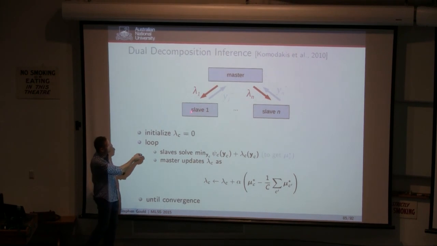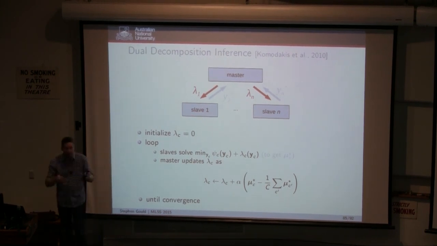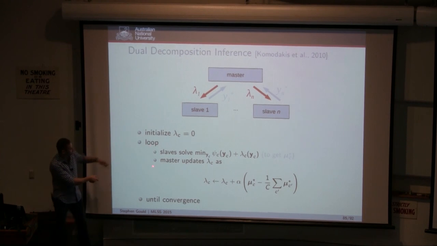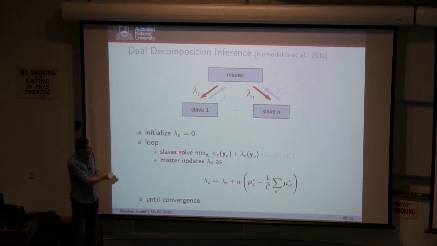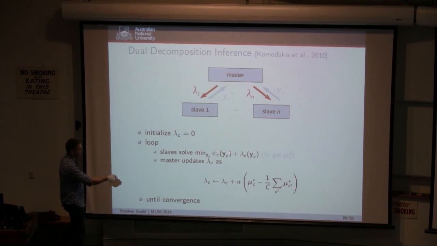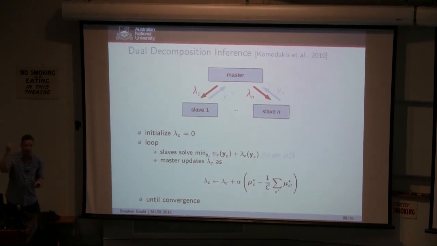The way it works is you create a slave problem for each clique. You initialize your Lagrange multipliers, or your dual variables, to 0, and then you go into a loop where each of the slaves solves its own problem. So it minimizes over its subset of variables this expression here, the clique potential plus the information it got from the Lagrange multipliers, the messages.